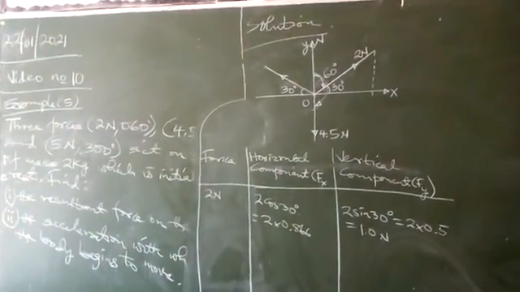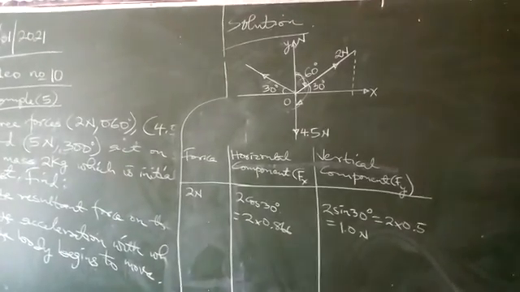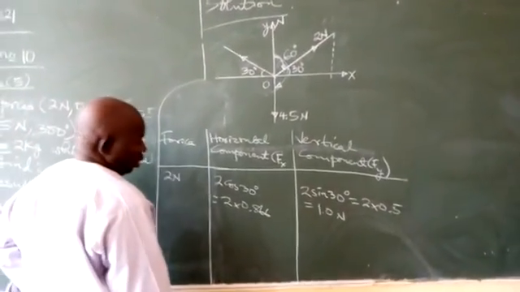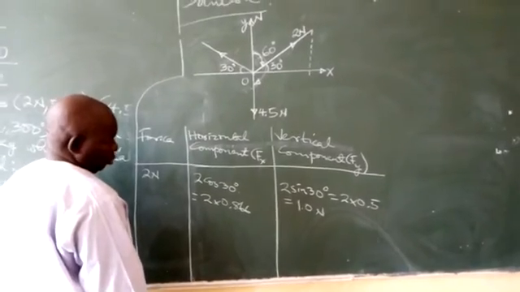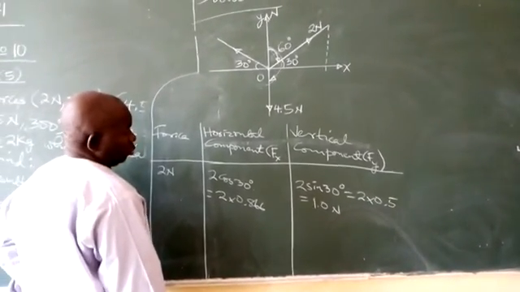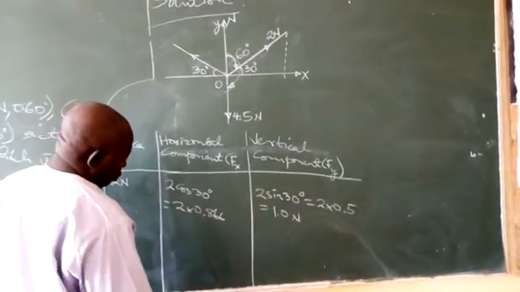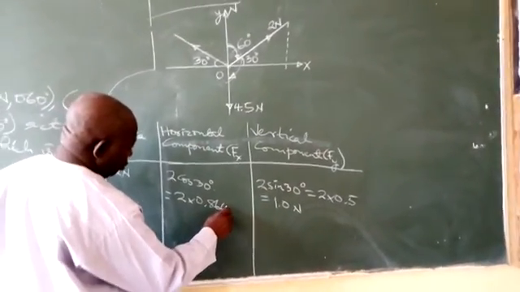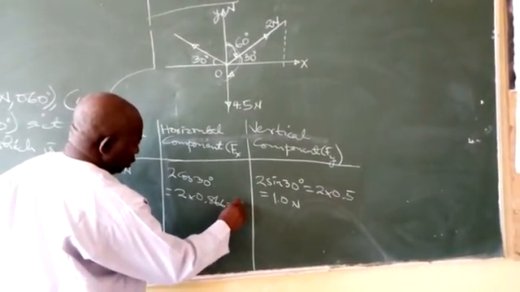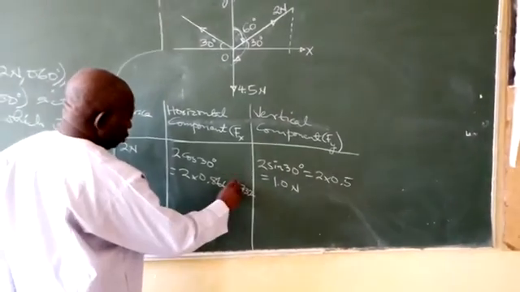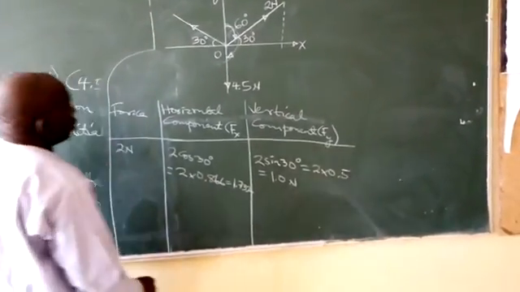That's my calculator. I forgot to get it. 2 times 0.866 is 1.732. So that is that. Then the second force.